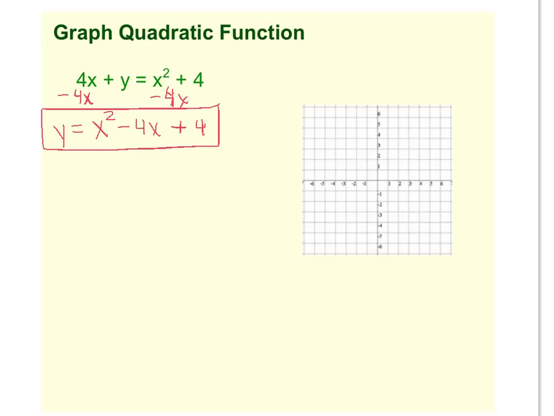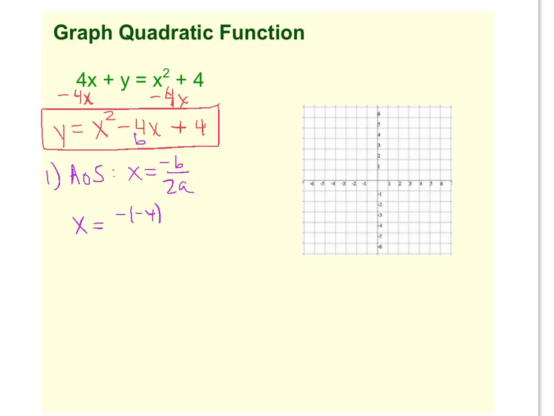So when we graph, the first thing you want to find is your axis of symmetry. I'll abbreviate that, axis of symmetry. Axis of symmetry, if you remember, uses the formula x equals negative b over 2a. So our b value is a negative 4. So we do a negative, and then you're plugging in a negative 4.